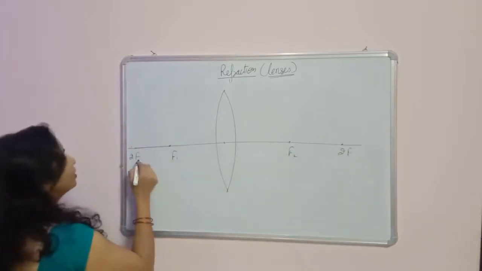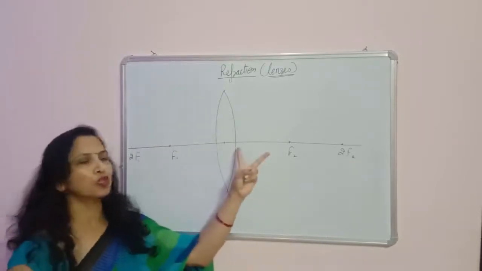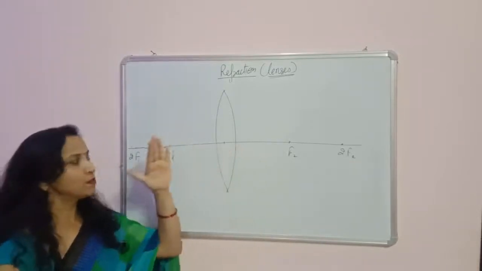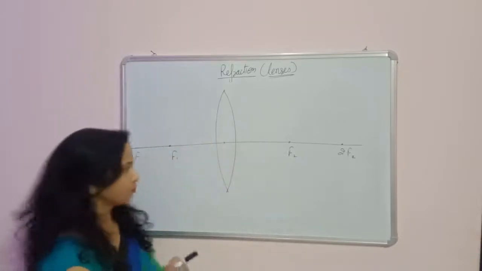One important thing is that the distance of both the foci should be equal. For this biconvex lens, the focal length on both the sides should be equal.